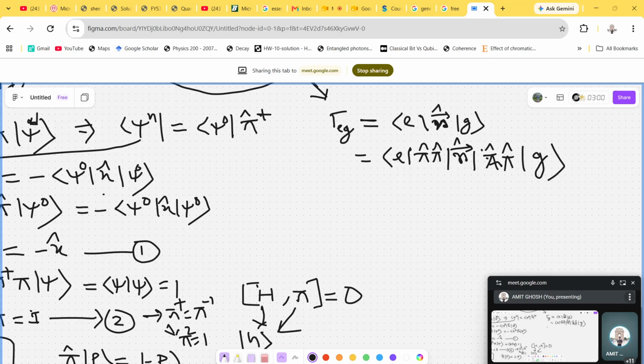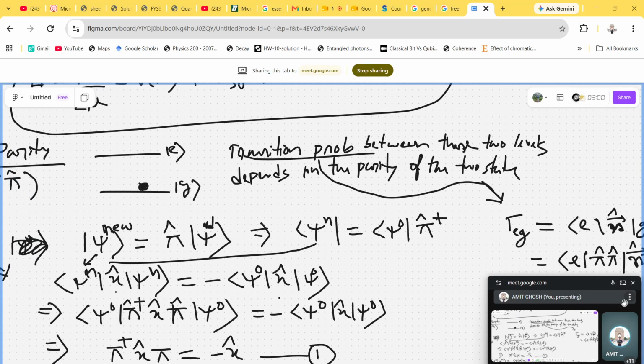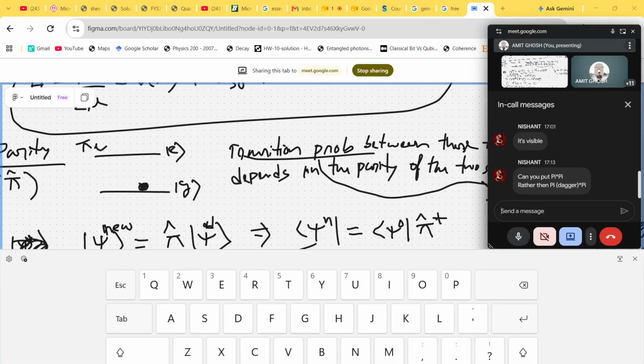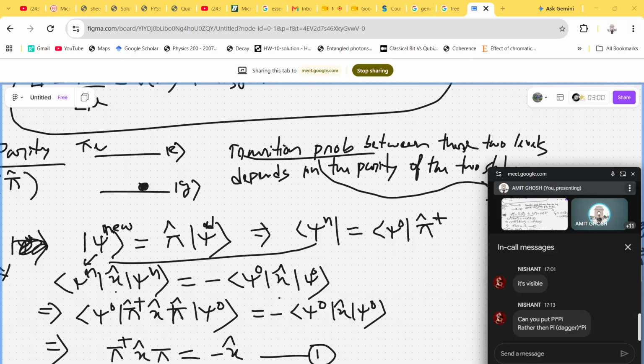Now suppose the E state, your excited state, has parity Π_E, and the ground state has parity Π_G. The question is, can you put Π rather than Π†Π?